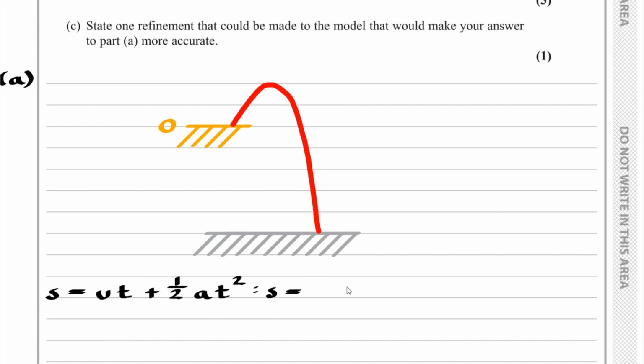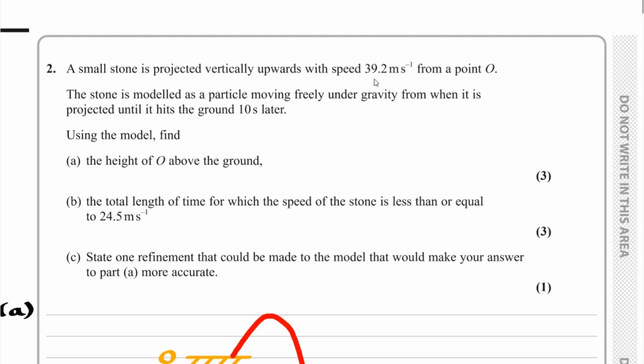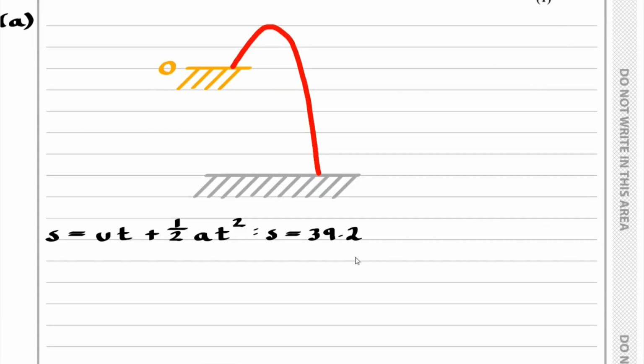So s is equal to, now here, we've got the initial speed 39.2, we've got motion due to gravity, which is 9.8 meters per second squared, and then we've got the time, 10 seconds. So s is equal to 39.2, which is u, multiplied by 10, subtract, because I'm taking upwards as positive, which means when it's going down, gravity is negative 9.8, which is why I've got the negative.